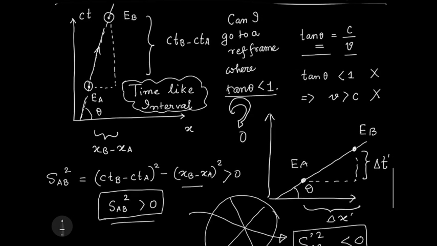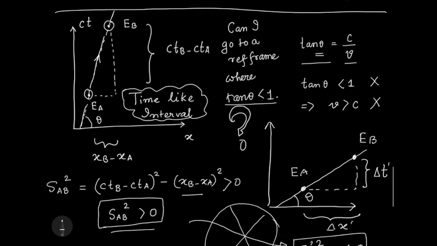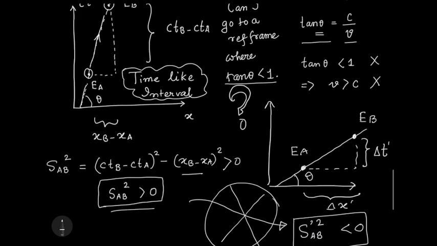And there you come to the conclusion that no particle can have a velocity which is faster than the speed of light. I know that you have heard this before, but this is the logical development to this conclusion. And this comes from these time-like intervals. Okay, so these are time-like intervals.